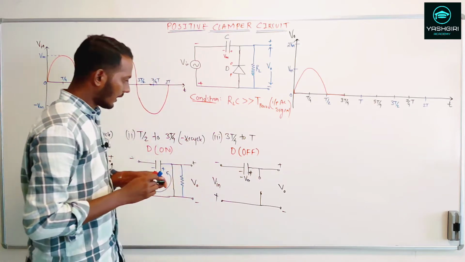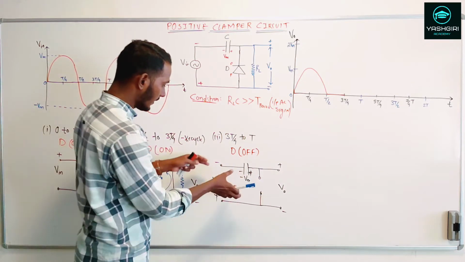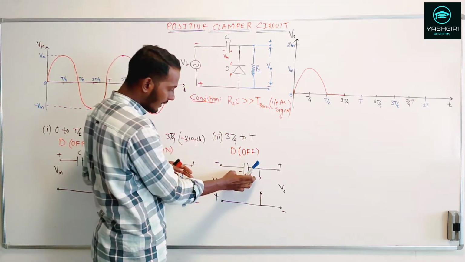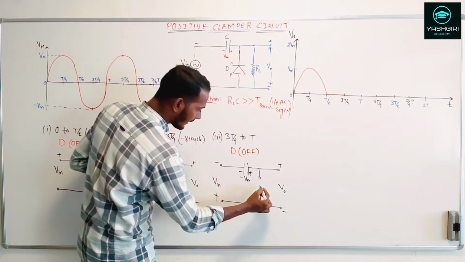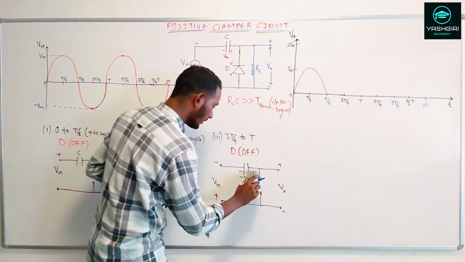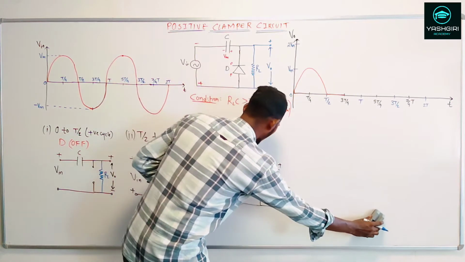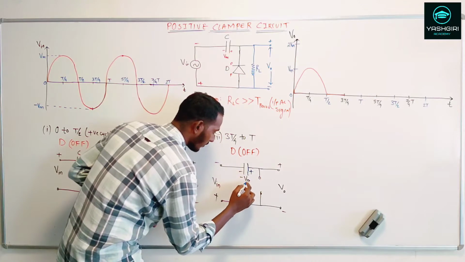All right. Now if you see this, the output you are going to get is whatever voltage is available on the capacitor, because this is acting like an off circuit. All right, and we know that the capacitor is having a maximum voltage of minus Vm.